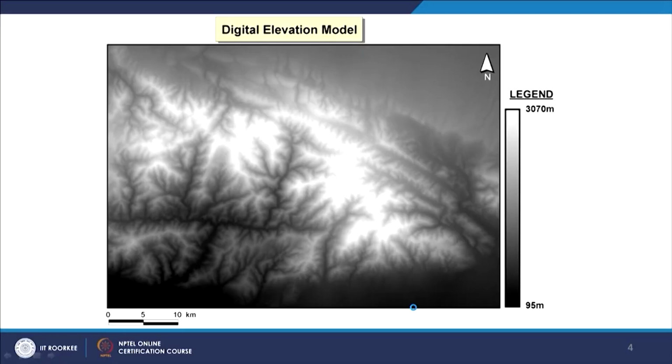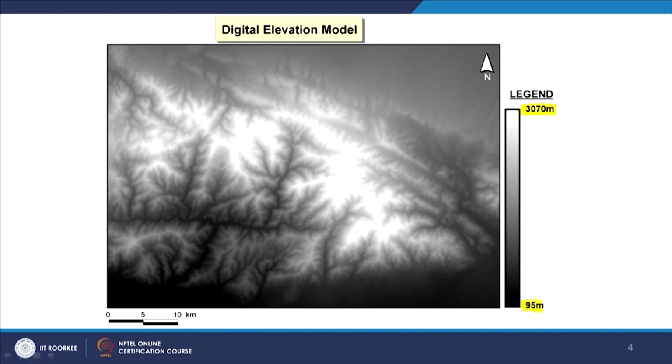Now this is example data I have been showing earlier, a digital elevation model represented in gray. Generally the practice is that higher values have lighter shades or white color, and lower values have a dark gray shade or black color, with the rest of the values varying in between.